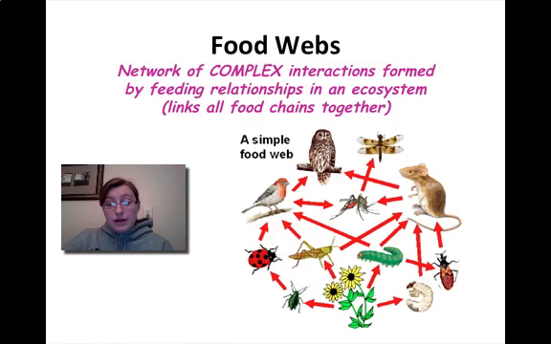But in another, it looks like it's going to be a second level consumer. So we go plant to caterpillar to bird. So in each food chain, it's going to have a different trophic level. Within food webs, you have to take that into account.